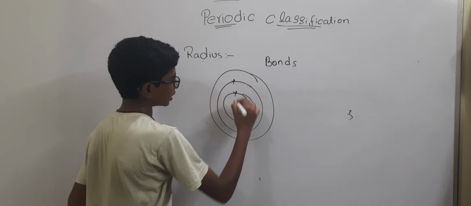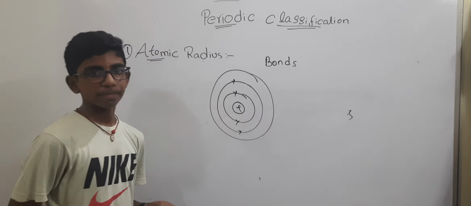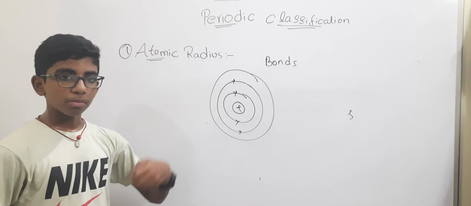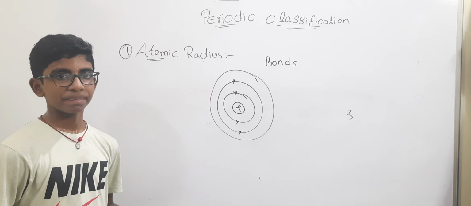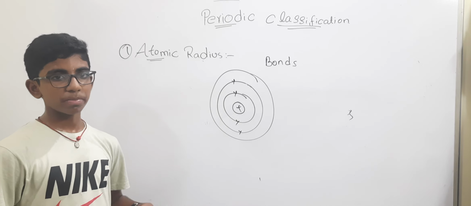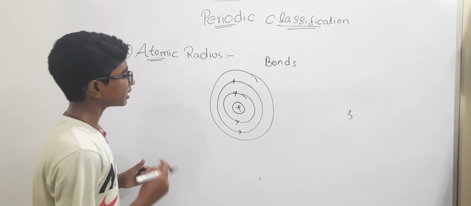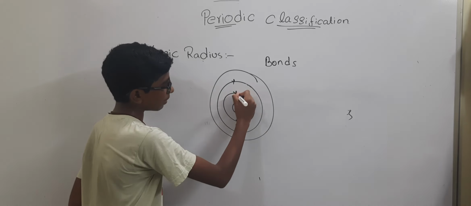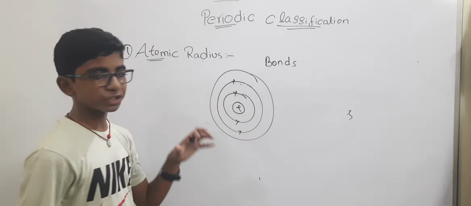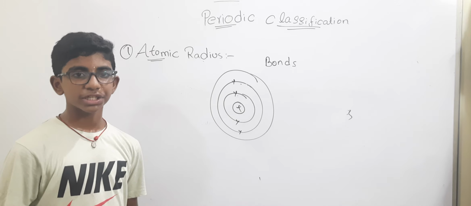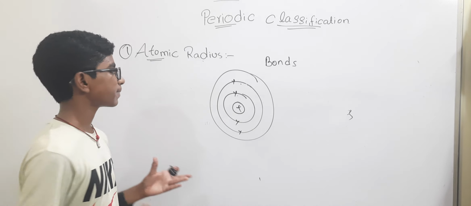Then we go to the second shell. The electrons there are at more distance compared to the first shell, so they experience less attractive force than the first shell. This means when the number of shells increases, attractive forces decrease, and the atomic size increases.